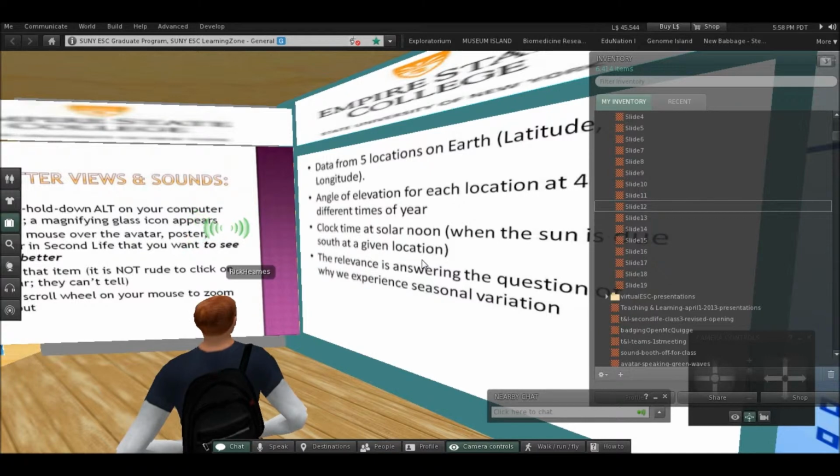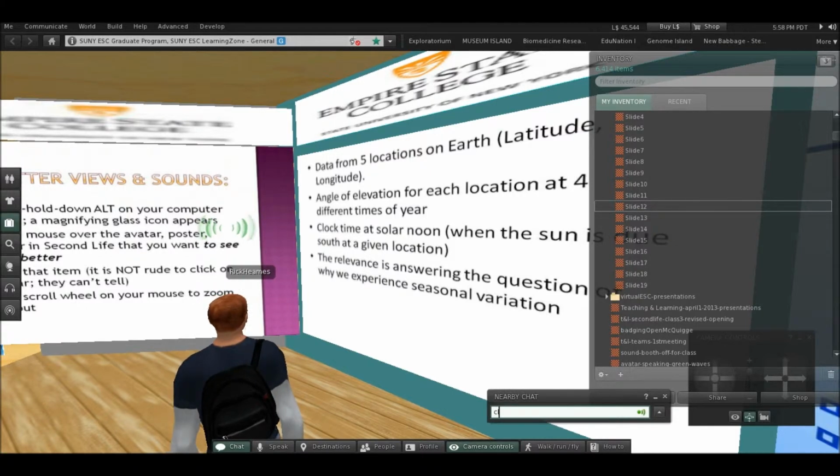But my favorite task that I have them do is I have them actually construct a house, draw out a house, a diagram that uses passive solar heating, and they're going to take the information from this data set, and they're going to make a diagram of a house that is most efficient.